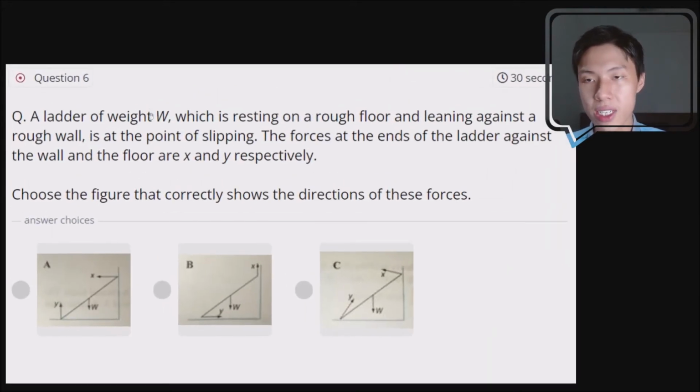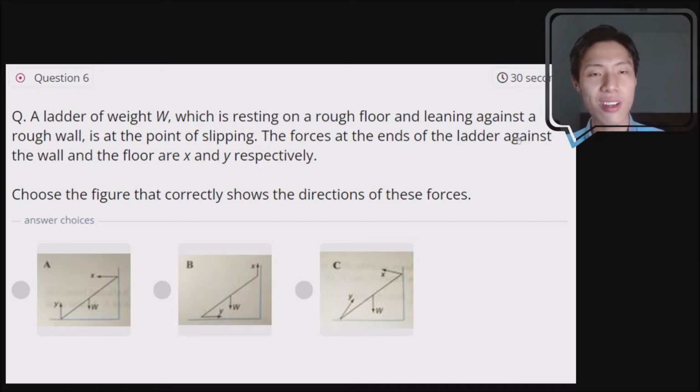A ladder of weight W, which is resting on the rough floor, so this floor here on the ground is rough, and leaning against a rough wall, so this wall here is rough as well, is at the point of slipping. The forces at the ends of the ladder, there are two ends of the ladder and there are forces acting on them.